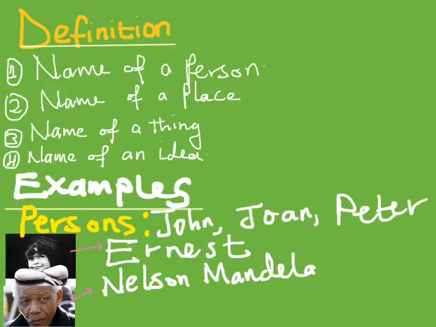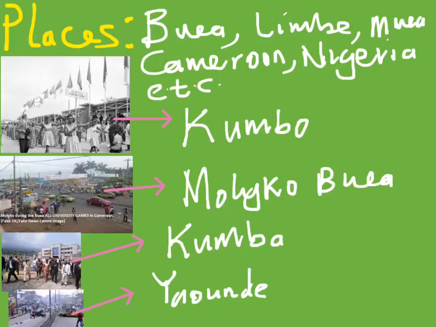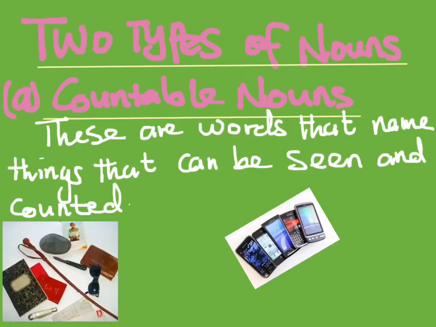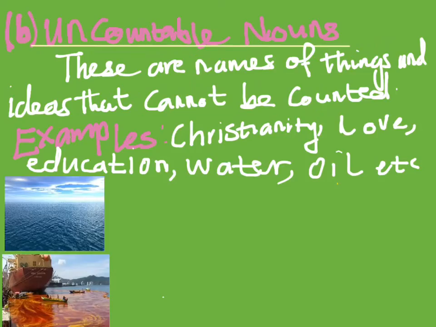And then we looked at the different types of nouns. We said nouns are divided into two main types: the countable nouns, which name things that can be seen and counted, and the uncountable nouns that name things and ideas that cannot be counted.